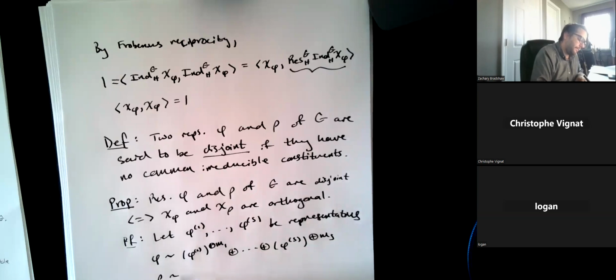And we can do the same for rho, just with different constants. Let's call these n1.